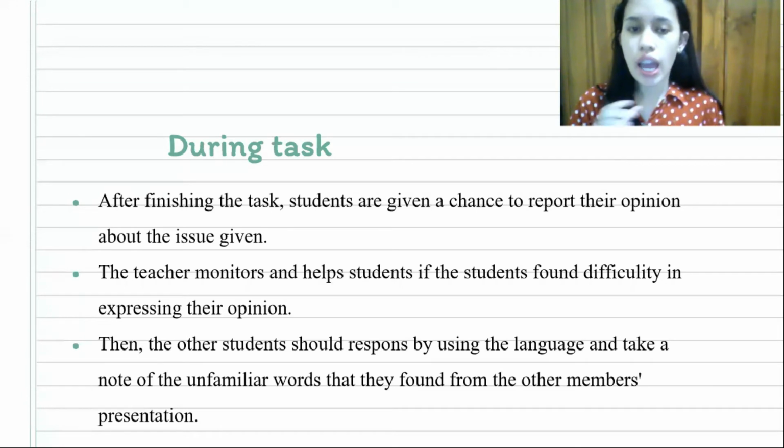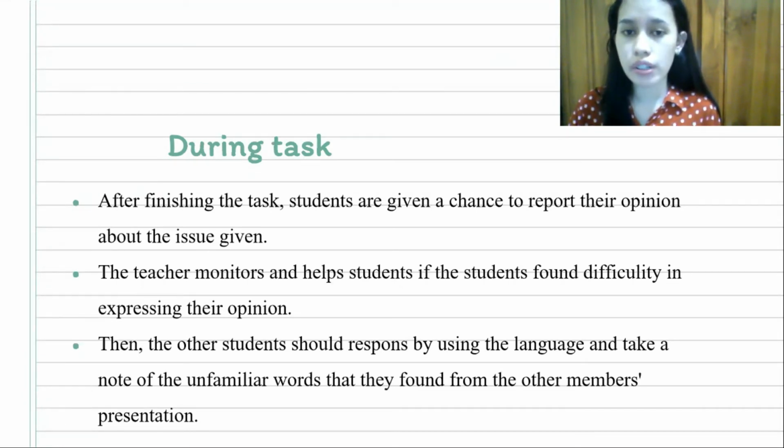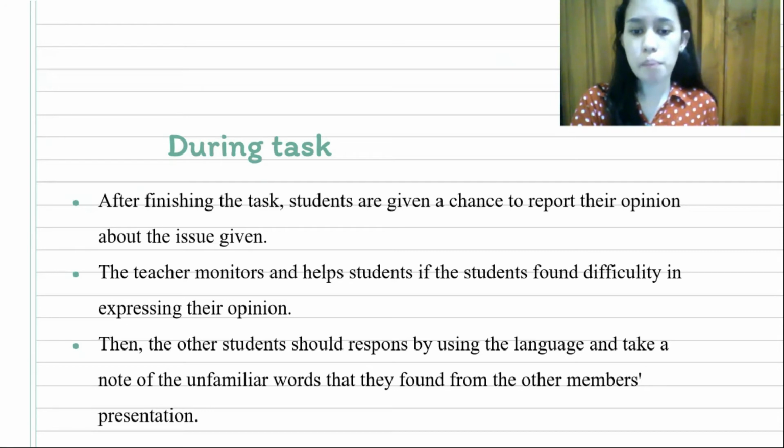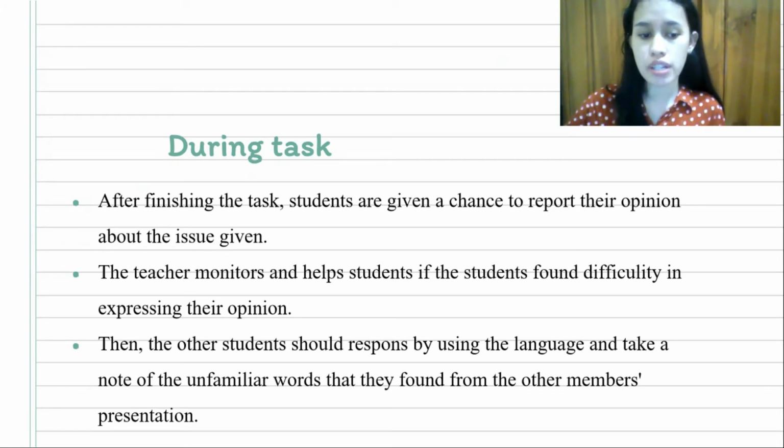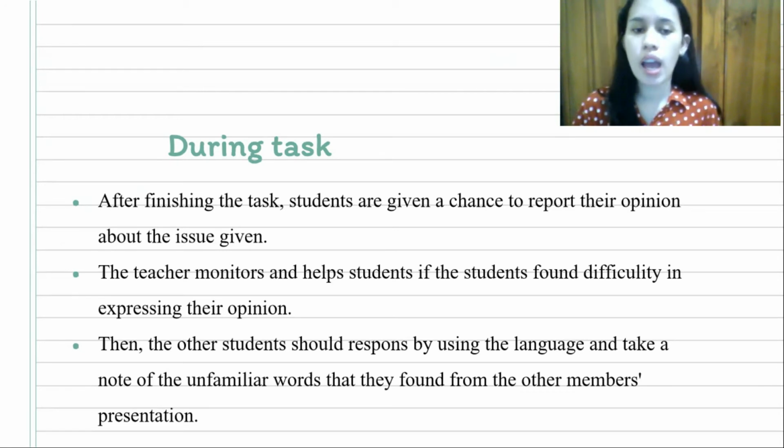In this activity, each group has to share their statement about the issue given, and the other groups have to respond using the language and take note of any unfamiliar words that they found in the other members' presentation.